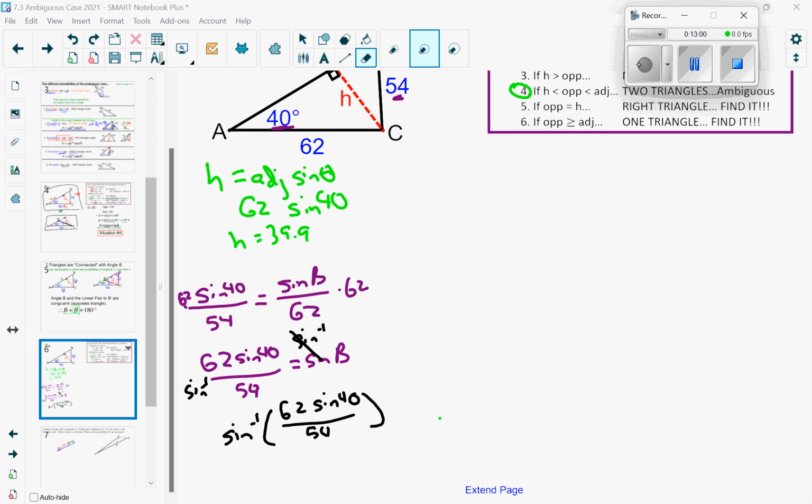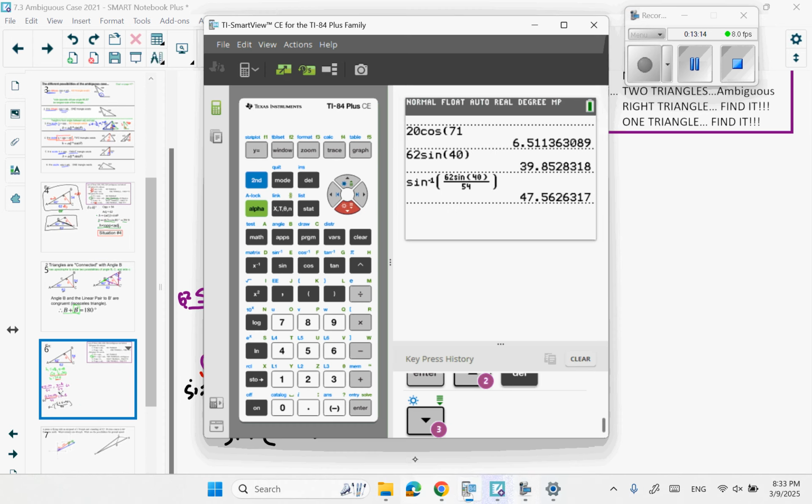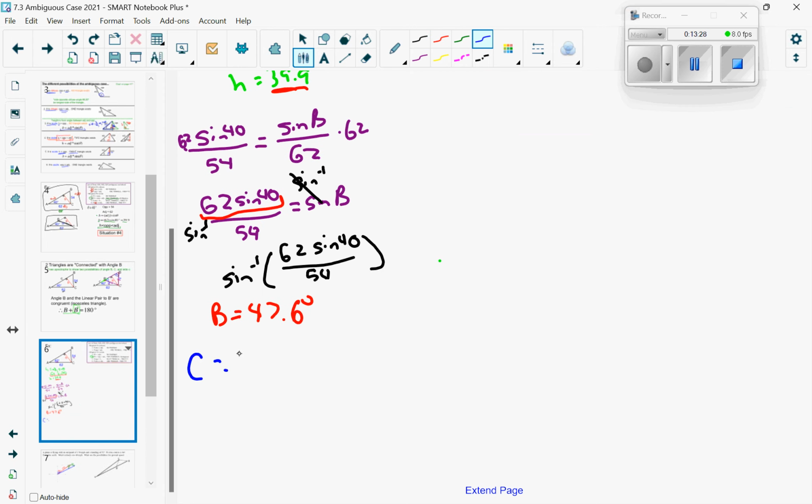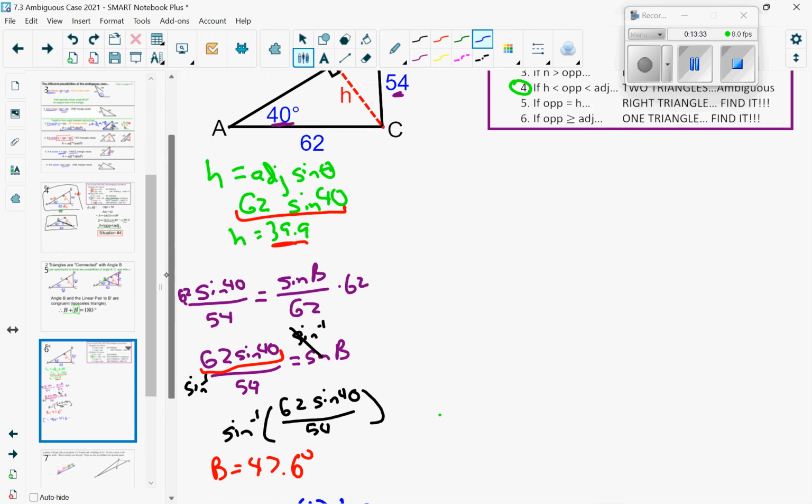Then another way you can think about it is, technically speaking, this 62 sine 40, remember, is the same thing as our h. So if you felt more comfortable doing that, you should get the same thing either way, 47.6 degrees. By that logic, we can then find angle C, because C is going to equal 180 minus 47.6 minus 40.